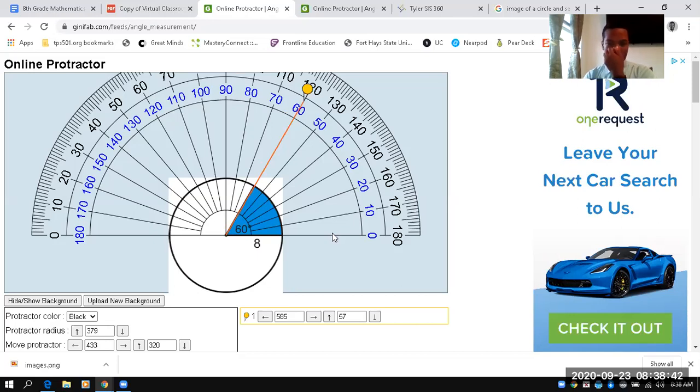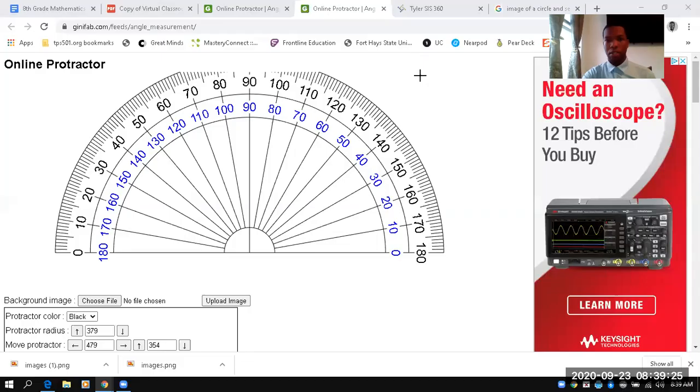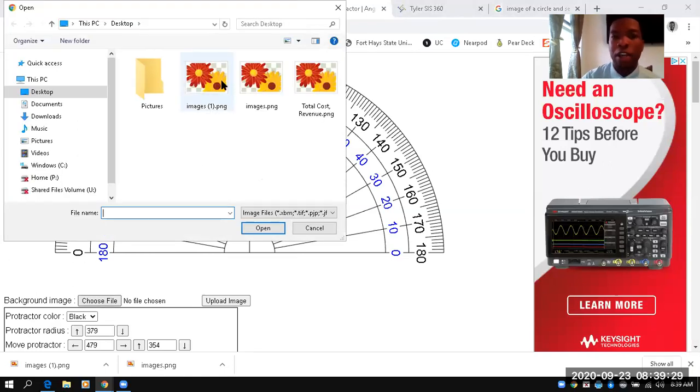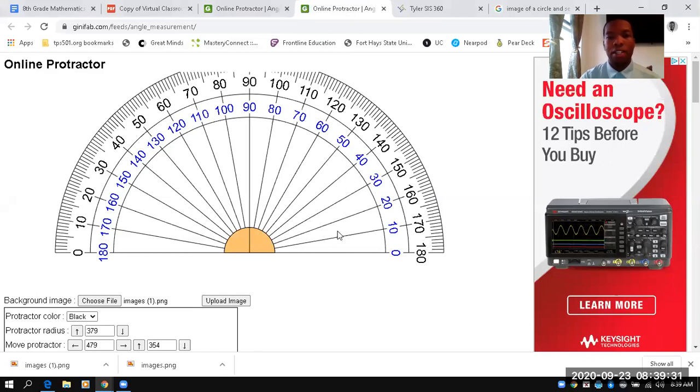All right, let's do another example. Actually, let's do one more example first and then we'll see. I'm going to choose my image. It's going to pop in here when I click upload.